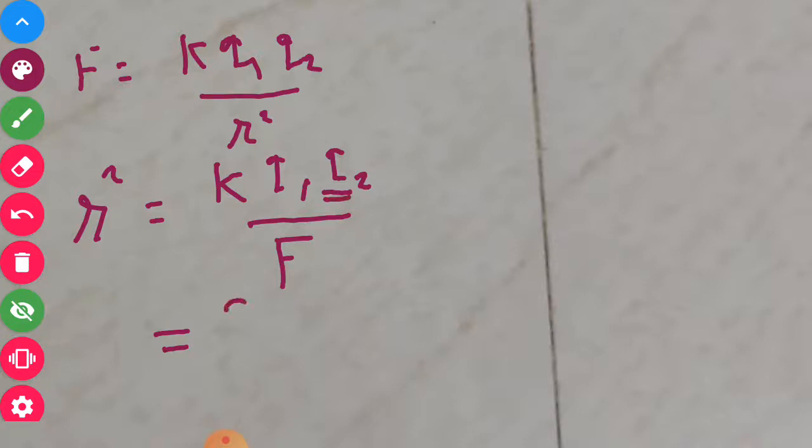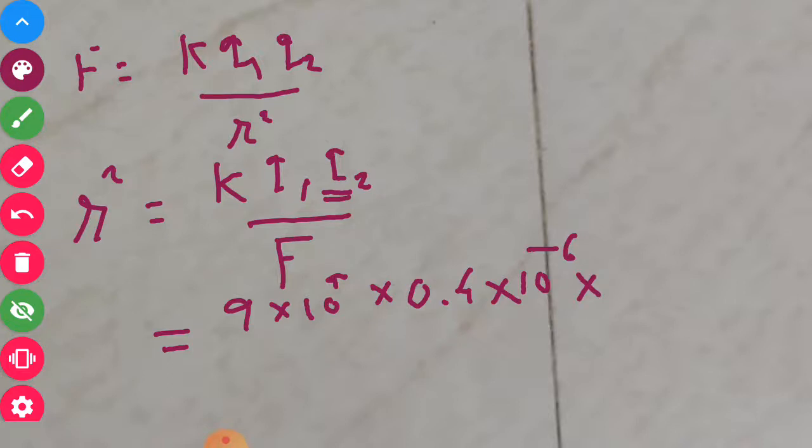So 9 into 10 raised to 9, multiplied by the first charge, 0.4 microcoulomb, so 0.4 into 10 to the power minus 6, and the other one is minus 0.8, but we take the positive magnitude only because we want to calculate the distance. 0.8 microcoulomb, micro means 10 raised to minus 6, divided by the force between them, and force is given, it is 0.2 Newton.